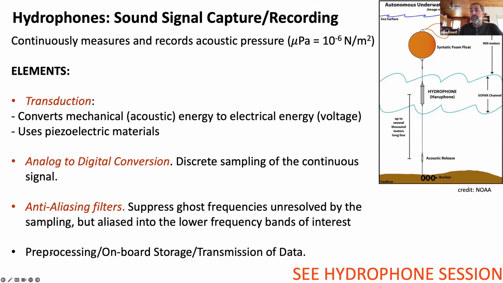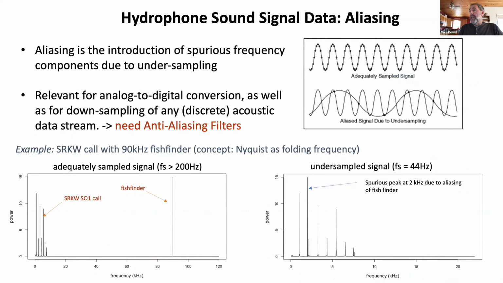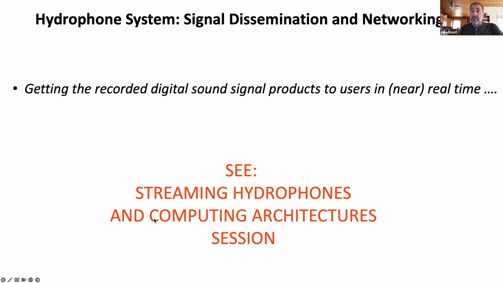And finally, the hydrophone often does a bit of pre-processing of the data for cleanup and quality control, may store the data temporarily or longer term, and it often has to transmit the data if we want to do real-time systems. And we have a hydrophone session later on that's going to describe some of this in detail. I'm not going to talk about aliasing, but the point is frequencies you don't resolve in your sampling can come back to haunt you.